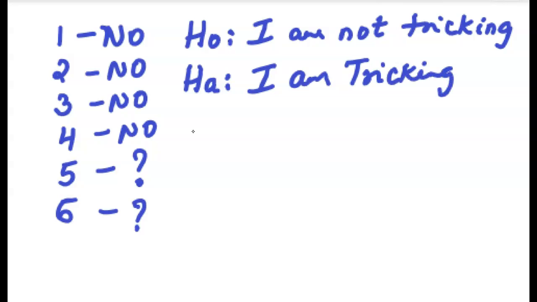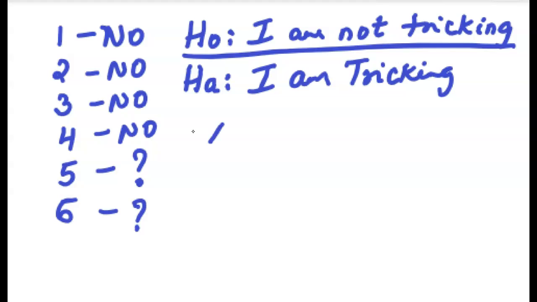Remember how I start my hypothesis testing? I always assume H naught is true. So you are assuming that I am not tricking you. That's how you start. So let me go ahead and show you what the math behind it is.